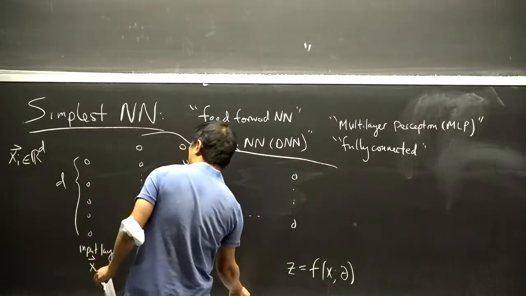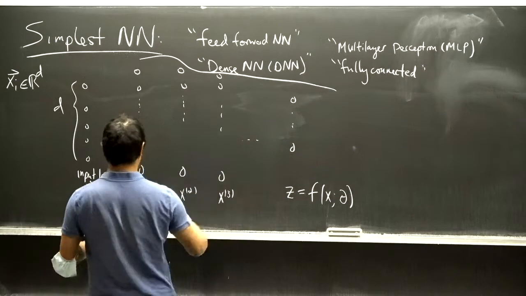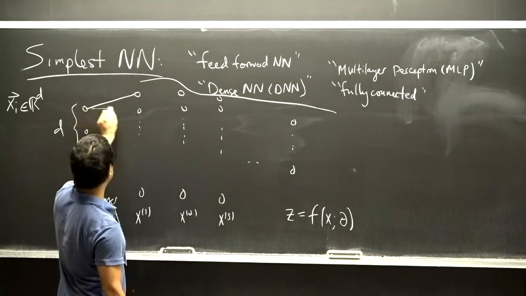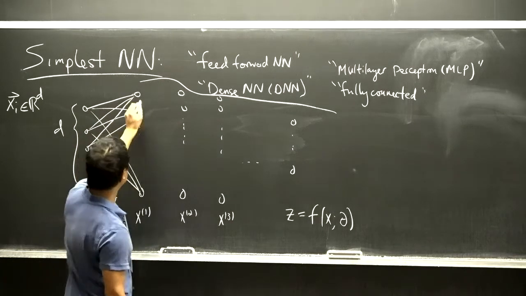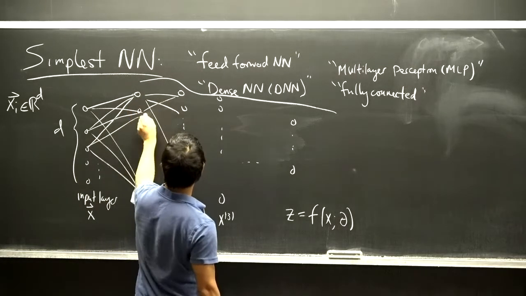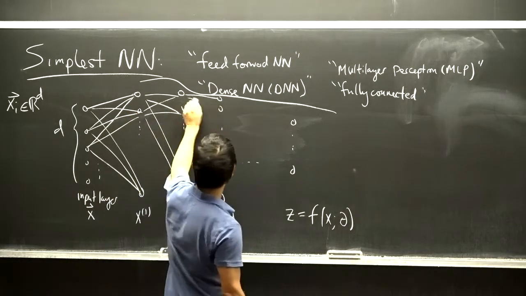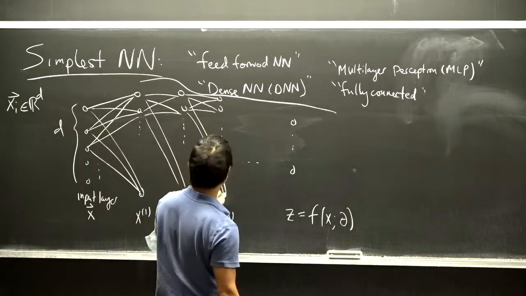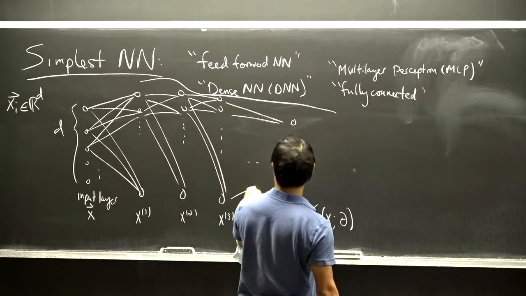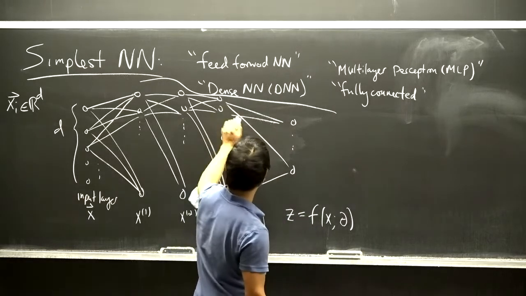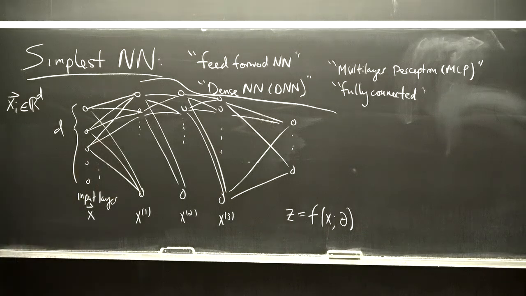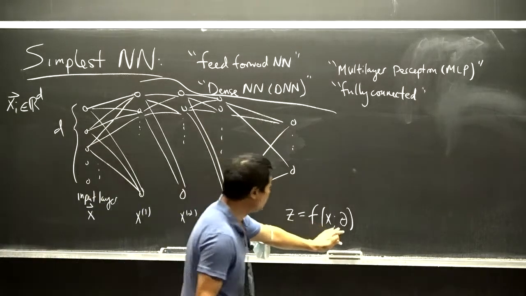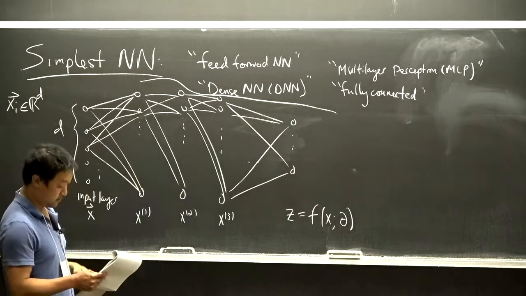The way we do that is this is called a fully connected neural network. So every node connects to every other node, et cetera. And each of these connections indicates a parameter of the neural network, one of these thetas that we can then fit for.